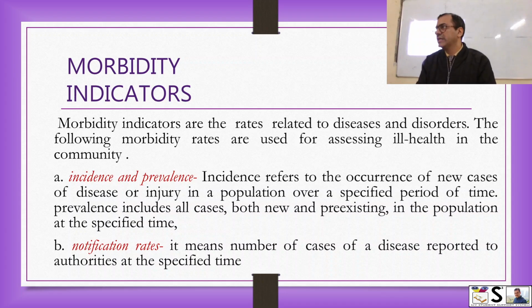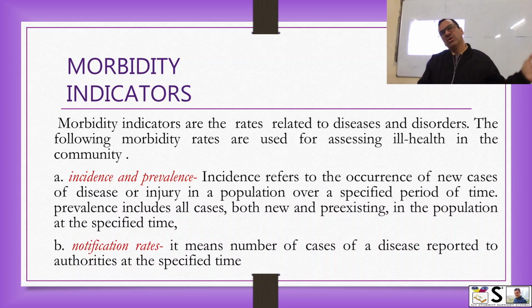For example, how many deaths occur due to tuberculosis in your area, then it will be a disease specific death rate. In the same way, how many infants died due to diarrhea, then it is a disease specific death rate. So in this way these indicators are calculated.